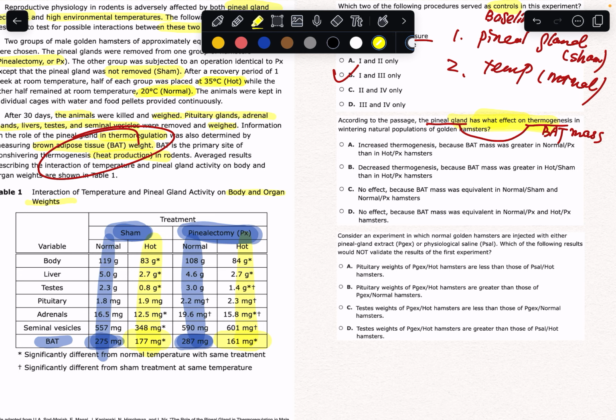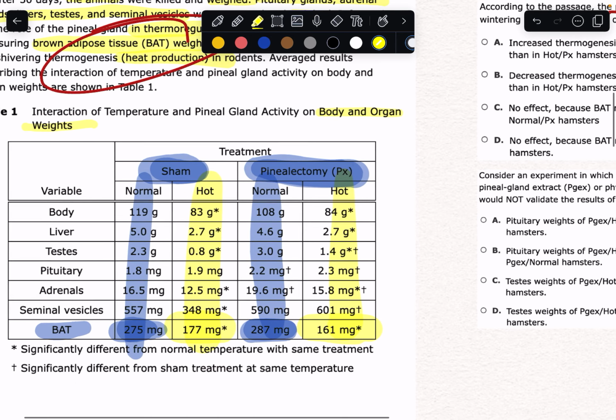So here, is 177 significantly larger than 161? I mean, I see the star here, but what does the star tell me? Once again, I analyzed that when we read the passage, but let me just reiterate it. The star indicates significantly different from the normal temperature with the same treatment.